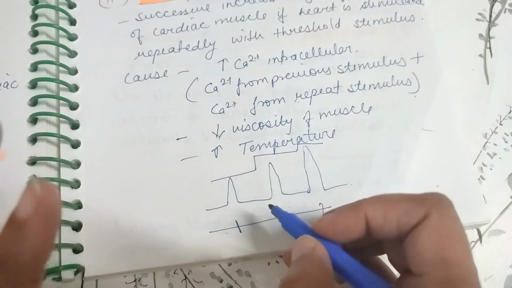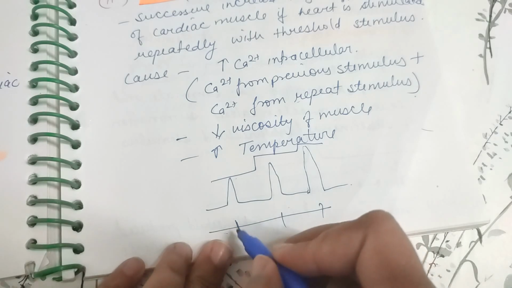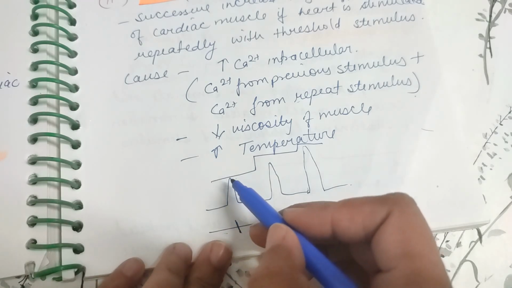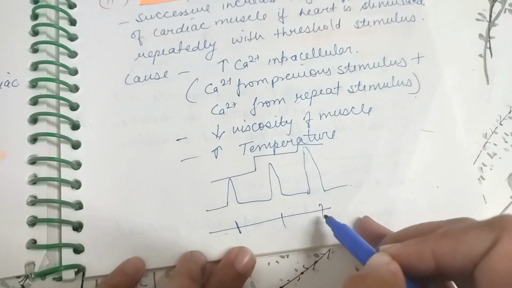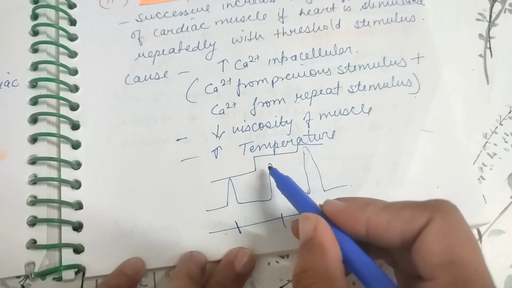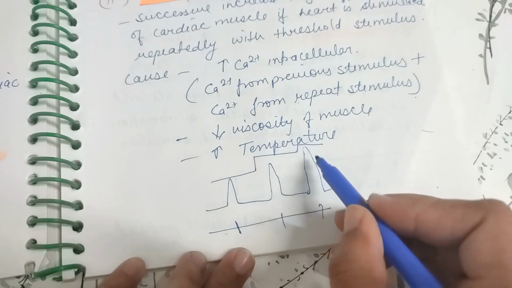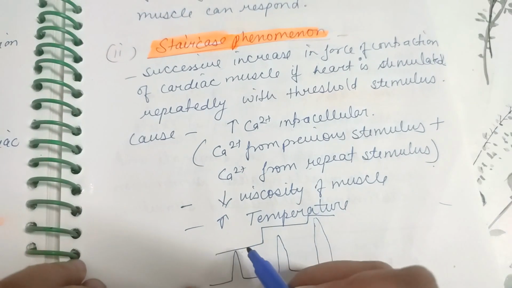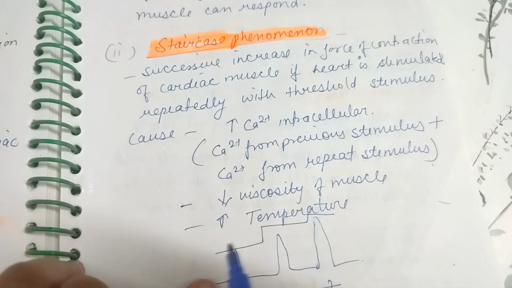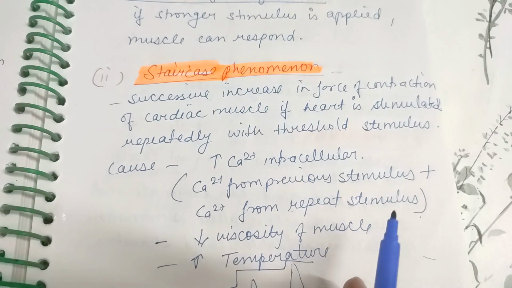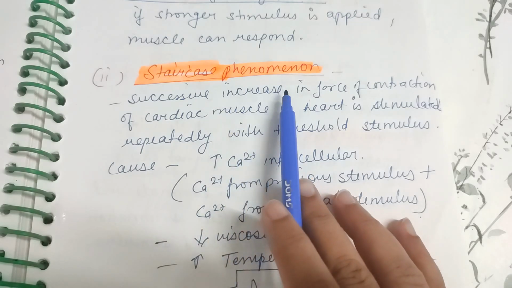At threshold stimulus the muscle has this force of contraction. If repeated stimuli are given, every time the height of contraction keeps on increasing, and if you plot it, it resembles a staircase. This is called the staircase phenomenon.